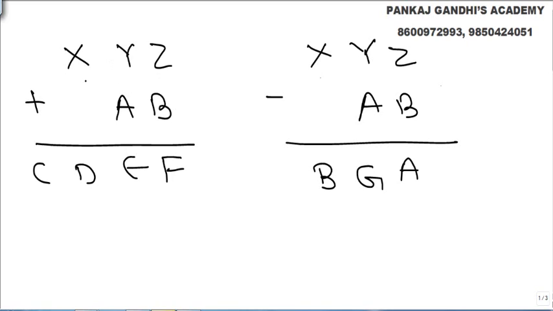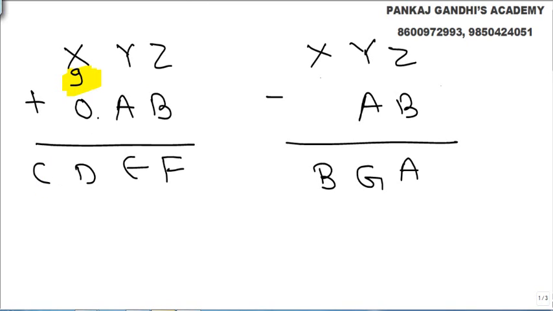Now the question here is, we need to find out x, y, z, a 3-digit number, added with a 2-digit number, I get a 4-digit number. Same x, y, z minus ab, we get a 3-digit number. Now the concept is, this is 0, nothing is there. X can maximum be 9. It has to be 9 if I need a carry forward.